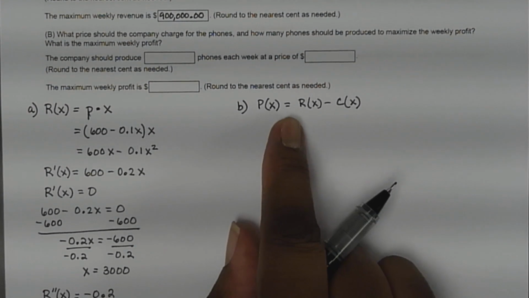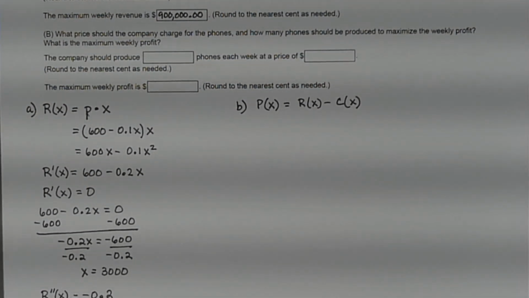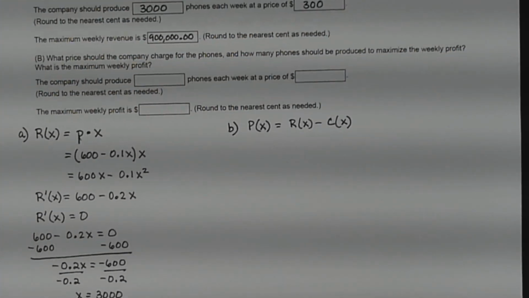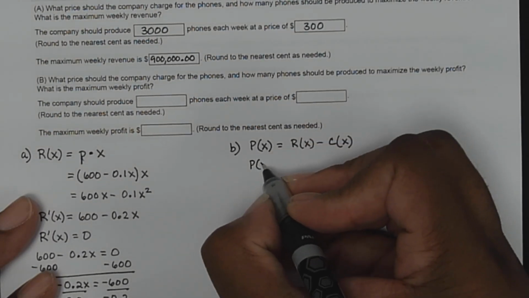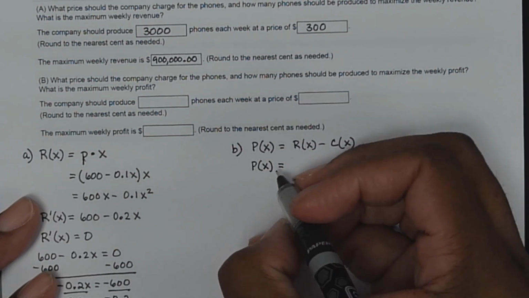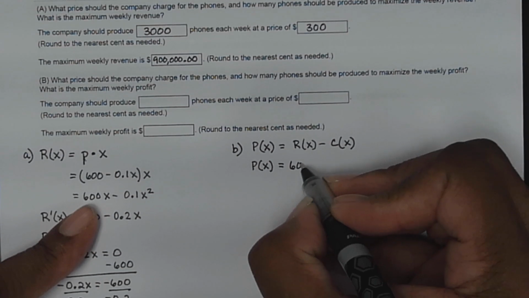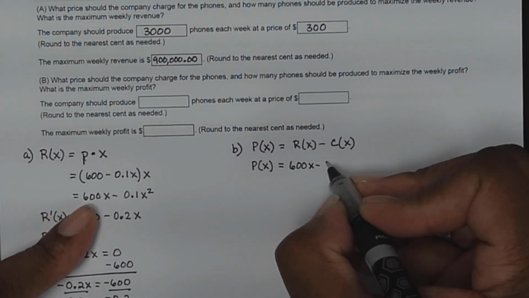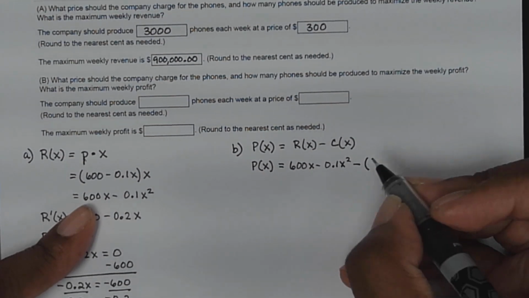Profit function P of X is equal to the revenue function R of X minus the cost function C of X. And in this case, to find that profit function P of X, your revenue function was 600X minus 0.1X squared minus the cost.